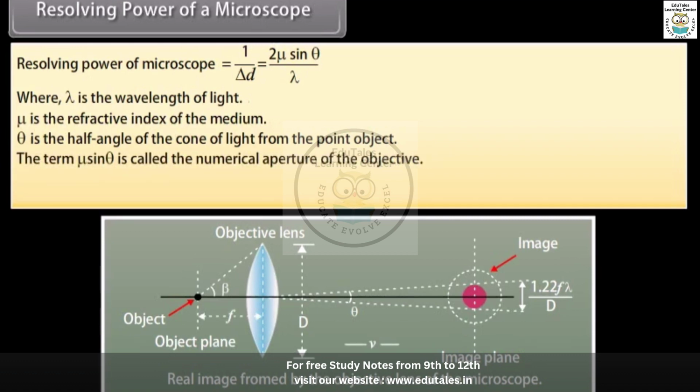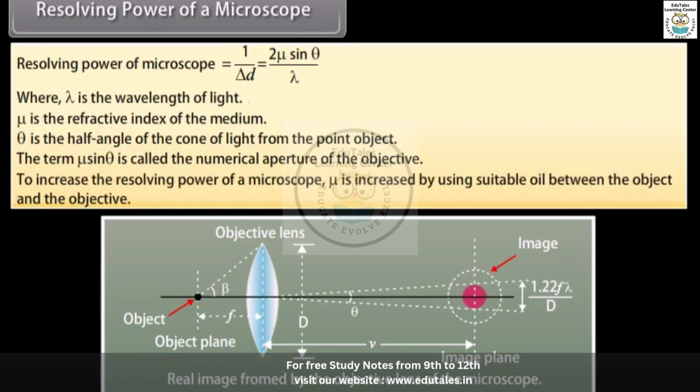The term μ sinθ is called the numerical aperture of the objective. To increase the resolving power of a microscope, μ is increased by using suitable oil between the object and the objective.